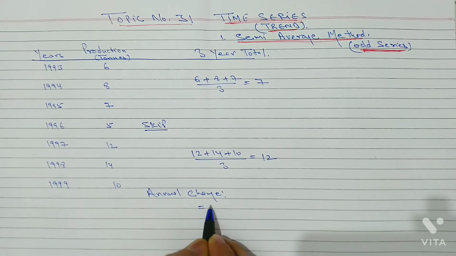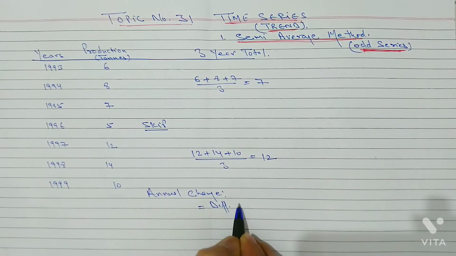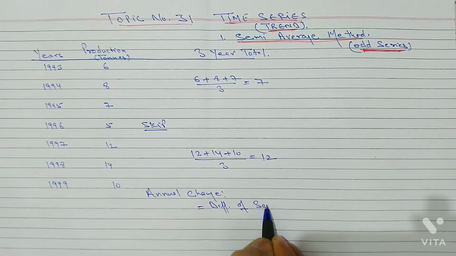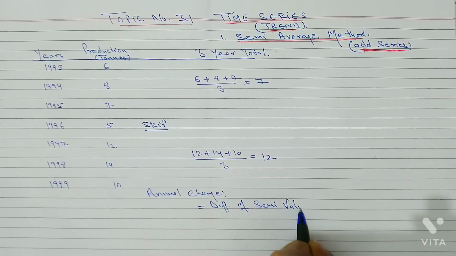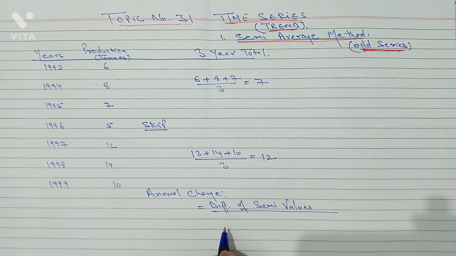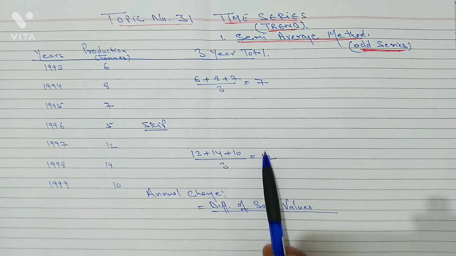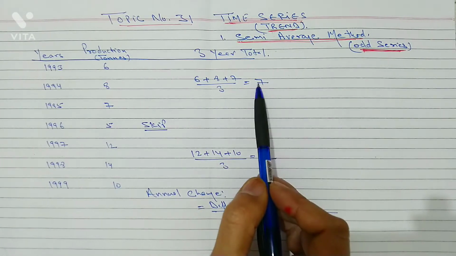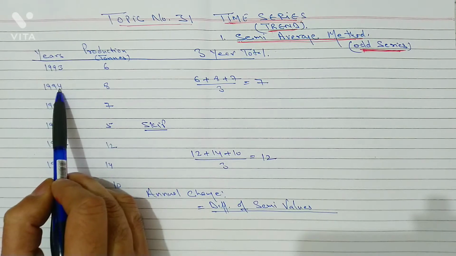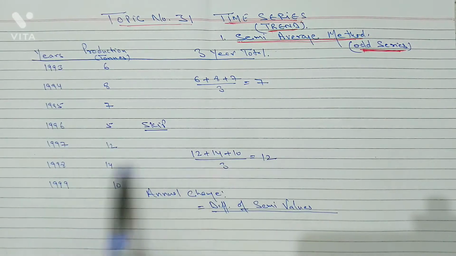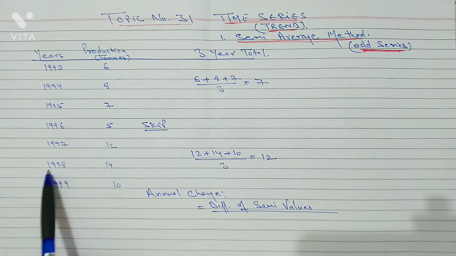First write the formula: difference of semi values divided by the difference of the 2 years to which the semi-average values belong. 7 belongs to 1994, and 12 belongs to 1998.